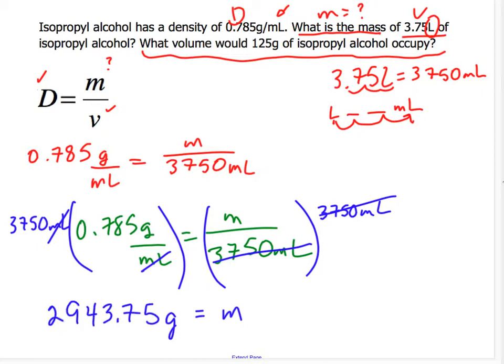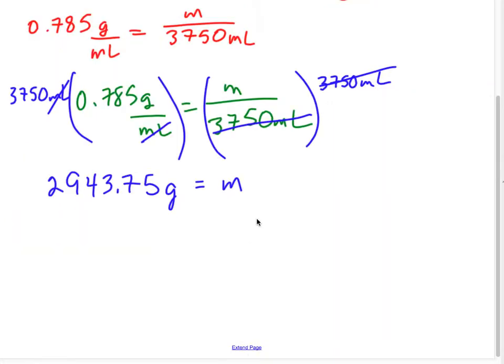2,943.75 grams. Let's check sig figs. In my question I have 3 there and 3 there, so I need to give 3 sig figs in my answer. So I would go 294. This number here is less than 5, so this 4 stays. But in order to give place value, I need to change that 3 to a 0.